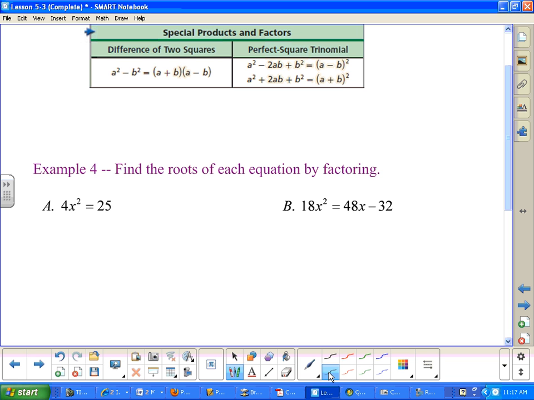Okay, I got to get everything on the same side, and I want my x squared term, if at all possible, to be positive. So I'm going to subtract 25. So I get 4x squared minus 25 equals 0.